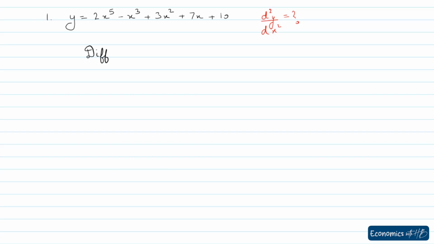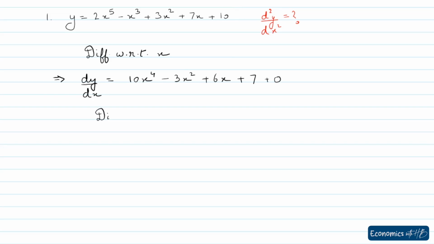So differentiating this equation with respect to x, we get dy by dx is equal to 10x to the power 4 minus 3x square plus 6x plus 7, and the derivative of constant 10 is 0.